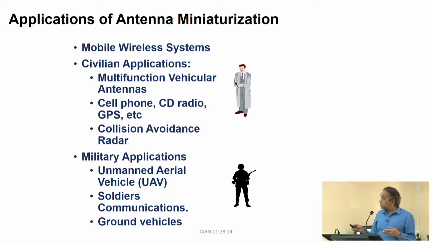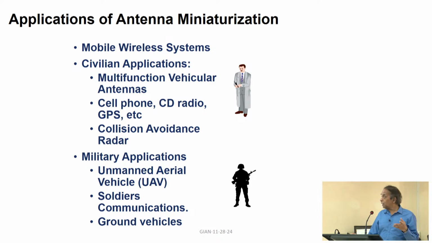So it's pretty much everywhere, and the need for antenna miniaturization is, for example, in defense-oriented applications, if the soldier carries a huge antenna around, it's extra weight, and also he cannot hide his presence. Everything sticks out, right? He becomes an easy target.